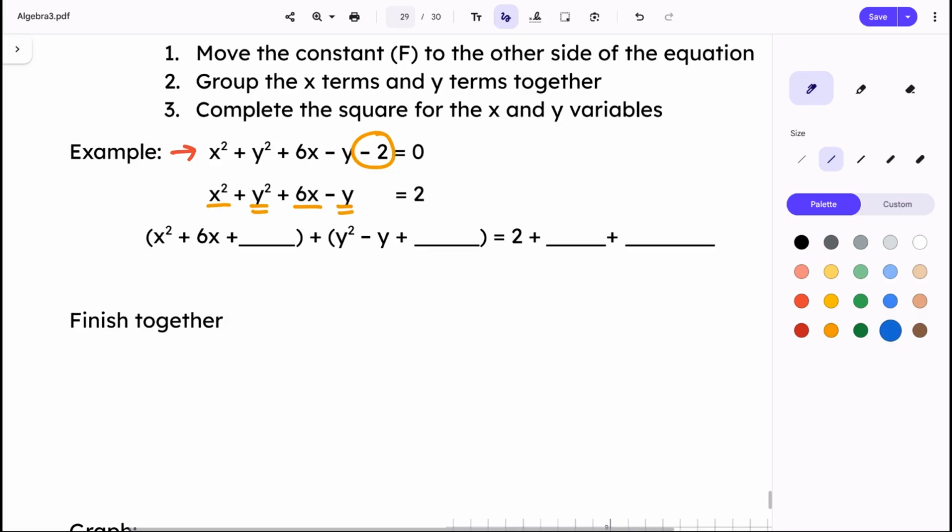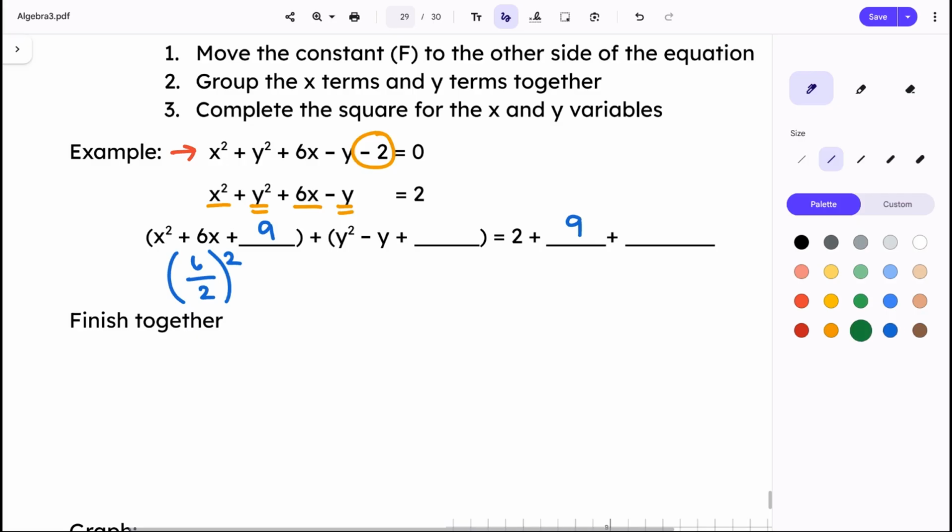It has something to do with the middle number. That's 6. We have to take half of 6. Not times by 2, but square it. So what's 6 divided by 2? 3, and 3 squared is 9. So 9 is going to go in this blank and over on the right side. See how there's another set of blanks over there?